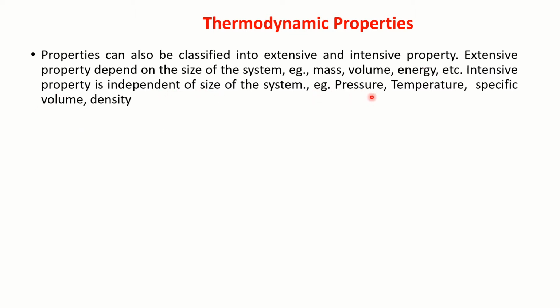For example, pressure, temperature, specific volume. Volume divided by mass is what we call specific volume. Density also. So these are all intensive properties. They don't depend on the size of the system. These are very important. It is better to remember these concepts.